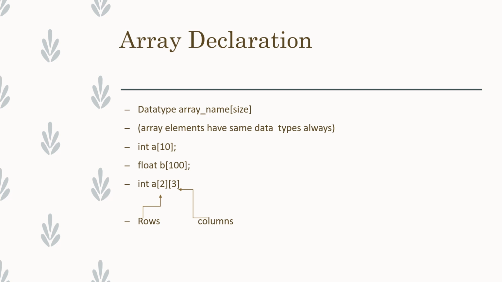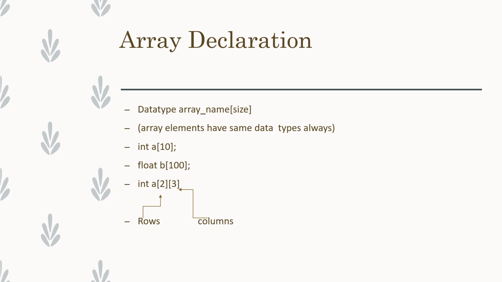Array name can be given any particular specific identifier name. There are some rules which we can give to identifier, how we can name an identifier. So we have to name the array name as per that only. And in the bracket, we are having size, which we need to explicitly define in C programming. We will see further why size is actually necessary to mention in array.